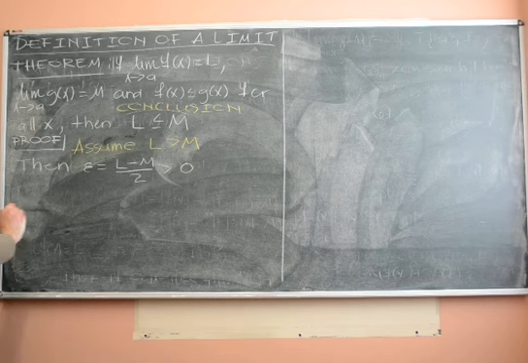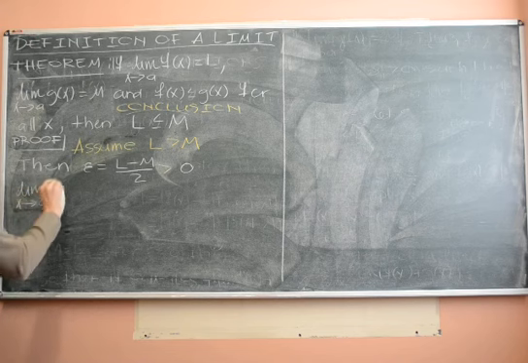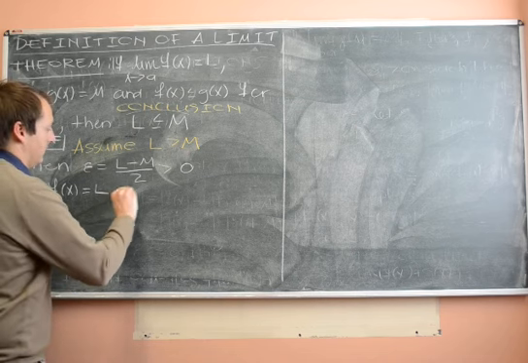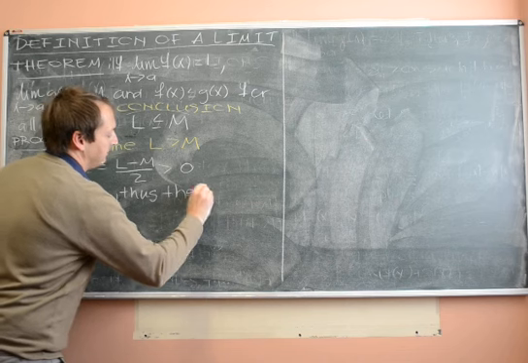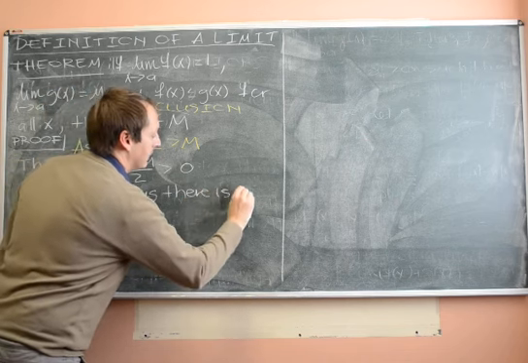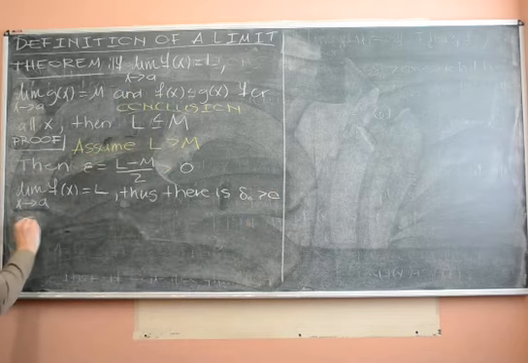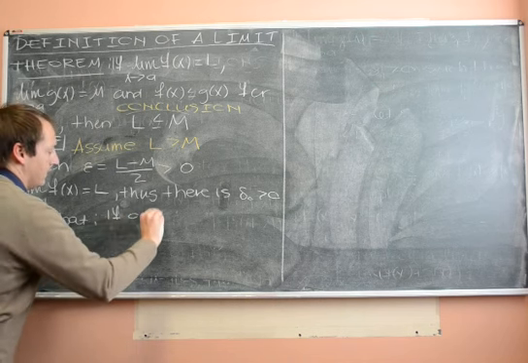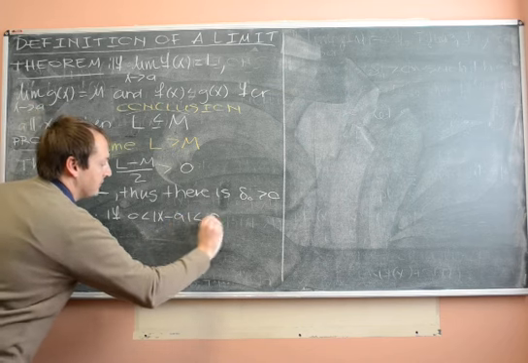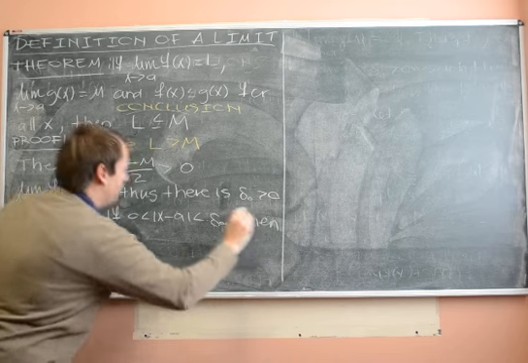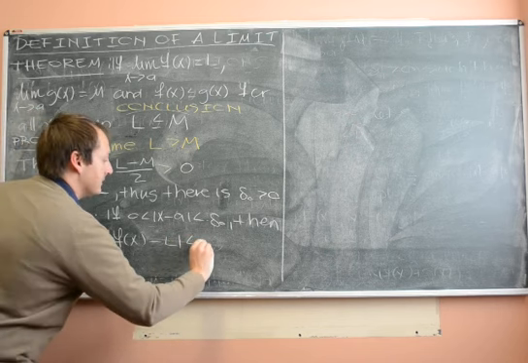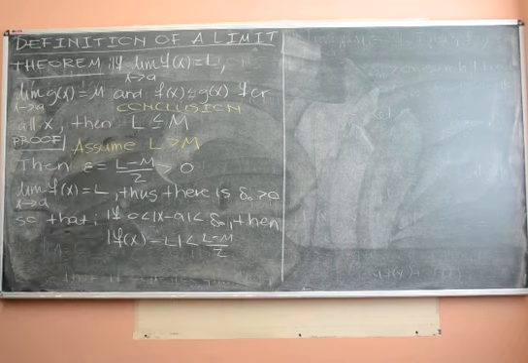Now we see that because the limit as x tends to a of f of x is L, that means that we can find, say, delta 0 bigger than 0, so that if absolute value x minus a is between 0 and delta 0, then absolute value f of x minus L is less than L minus M over 2.